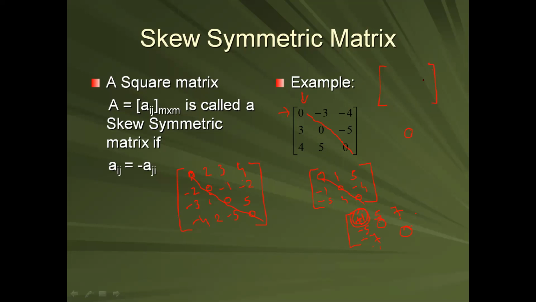Ma'am, in symmetrical, we take any of the numbers. See, symmetric means first row is same as first column, second row is same as second column. But in skew symmetric, first row is opposite of first column. So if I have 2 here, what should be here, Kaushal?